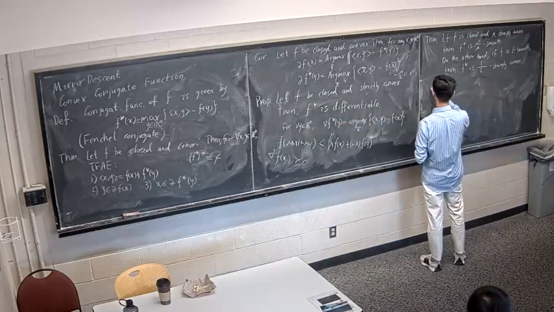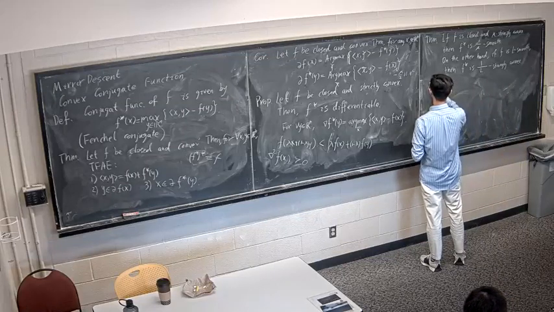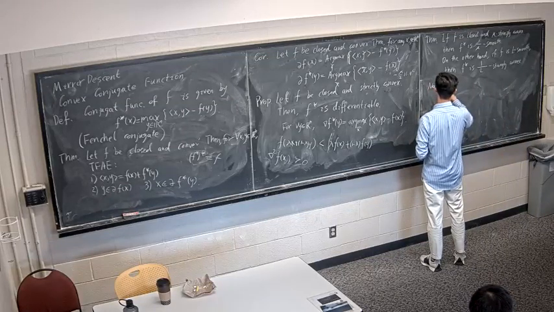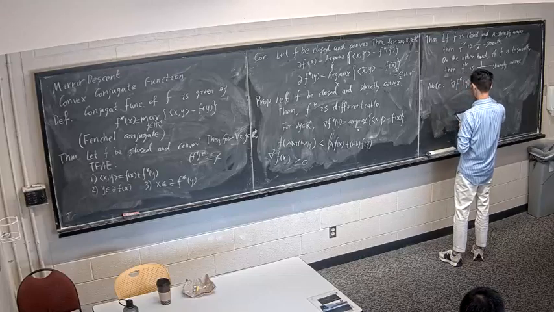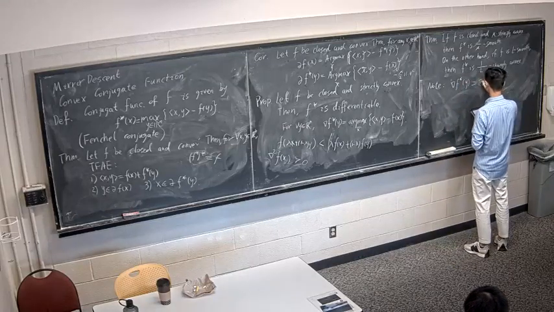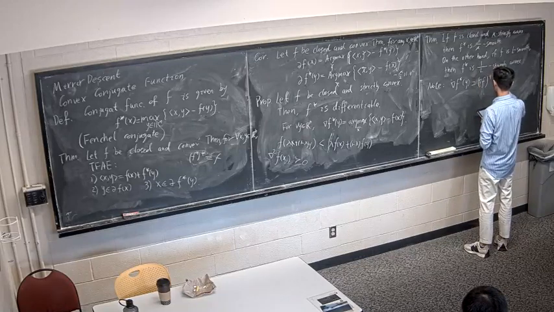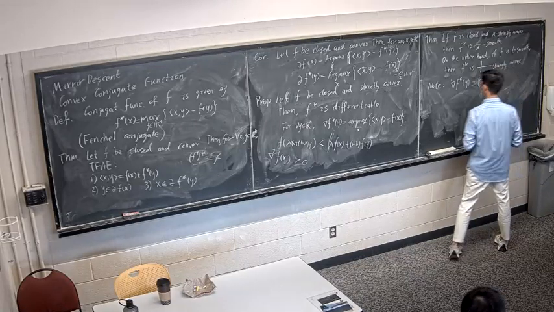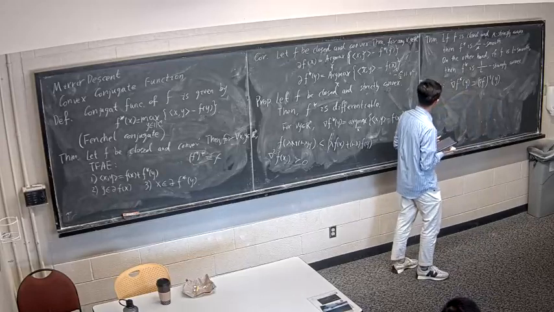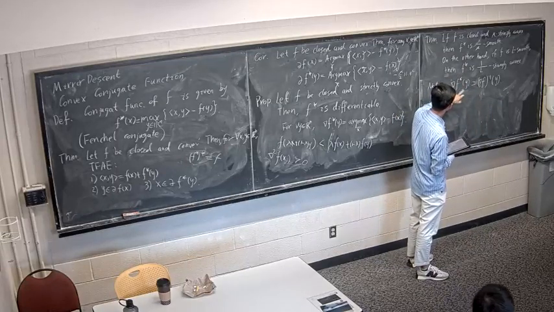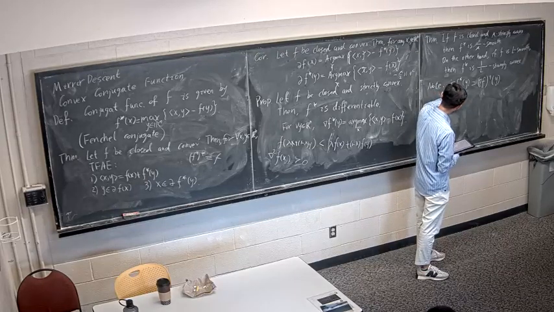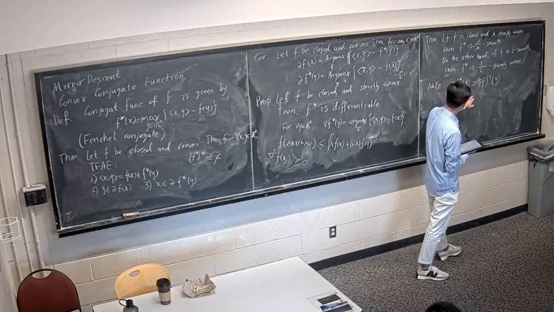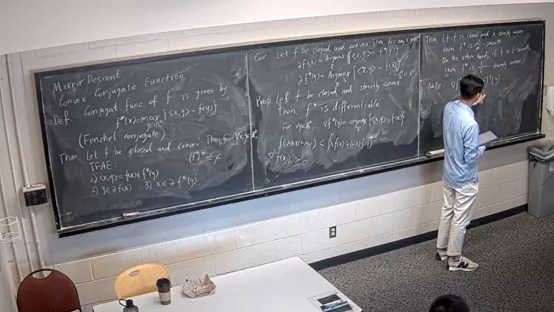And one thing we need to note is that for any y, in this case, when the function is strongly convex and smooth, then the gradient of the conjugate function is the same as the inverse of the gradient.